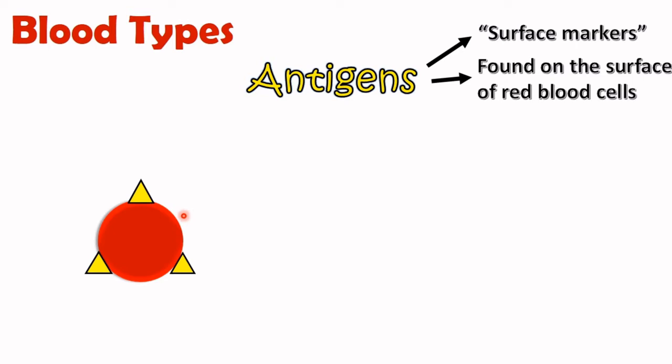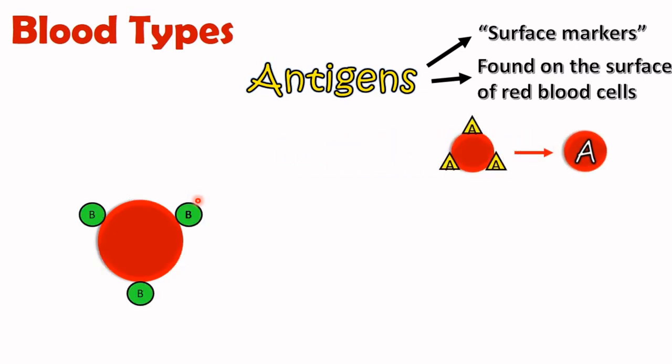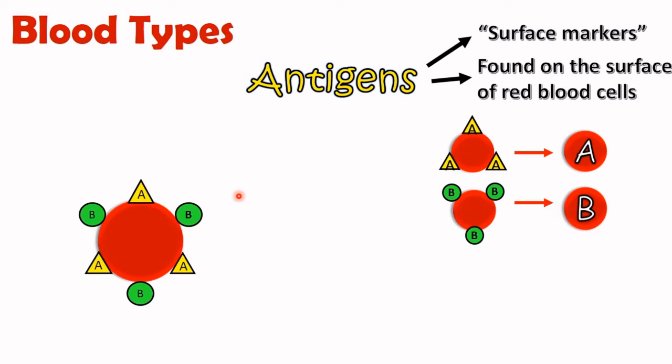So if you have A antigens, meaning that you have blood type A, and if you have B antigens, meaning that you have blood type B. And if there are both antigens, A and B antigens, meaning that your blood is AB.